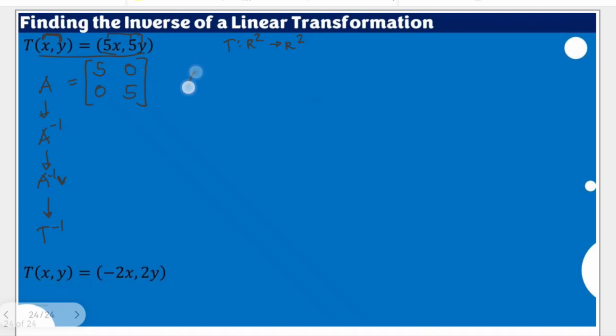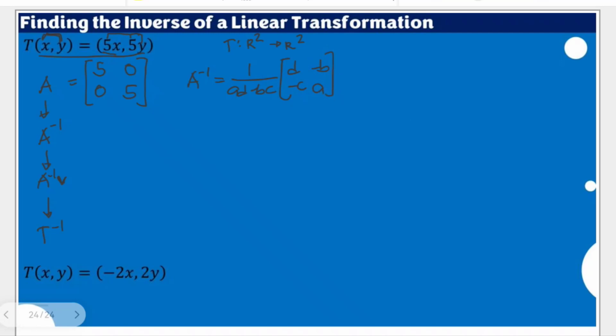Let's see if the inverse is possible, or if this matrix is invertible, by following this process. This is the process of determining the inverse of a 2 by 2 matrix we've learned in our previous discussions. So we are going to take this expression.